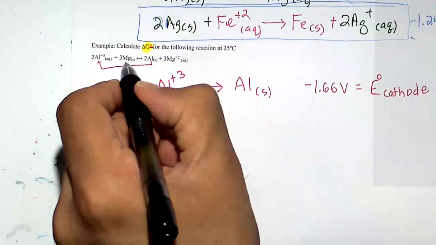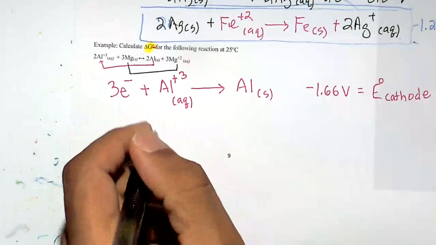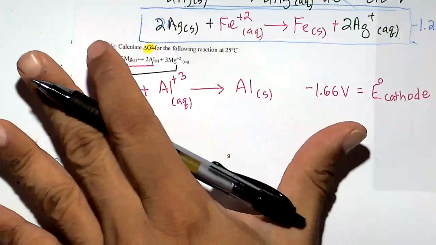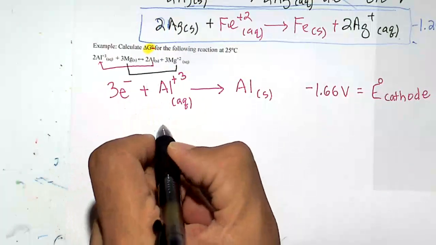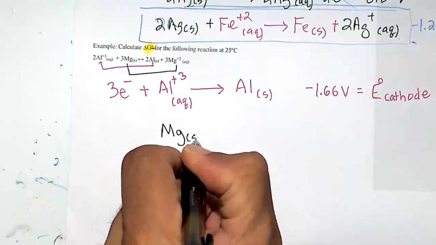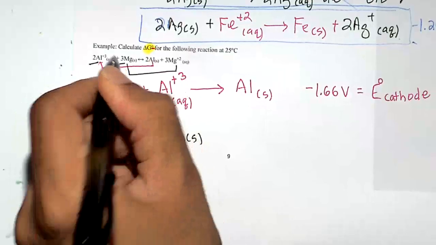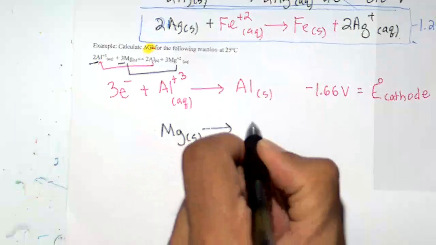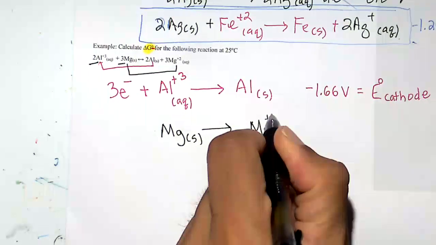All right, let's do this in black ink. We have magnesium going to Mg plus 2. Okay. We're splitting this reaction, so don't worry about the numbers. They'll come back again. Don't worry about the coefficients. Magnesium going to Mg plus 2.